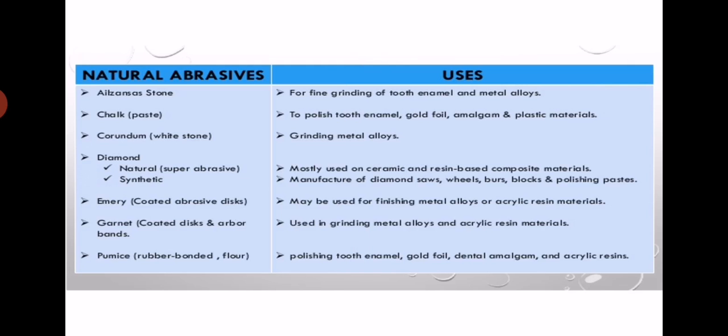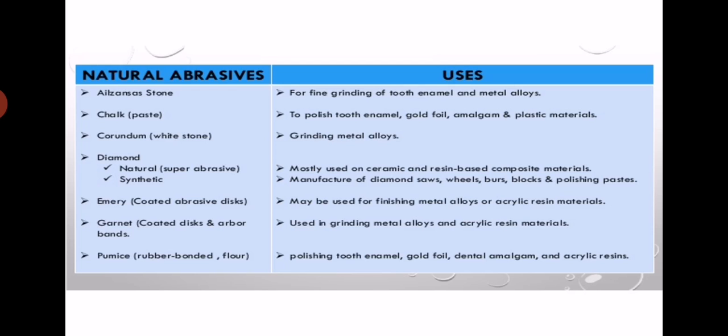Emery may be used for finishing metal alloys or acrylic resin materials. The next natural abrasive is garnet, used in grinding of metal alloys and acrylic resin materials.